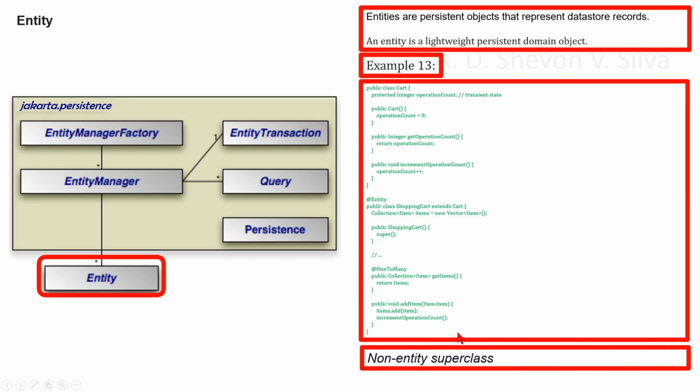As an example 13, we can consider this code segment, non-entity superclass. An entity can have a non-entity superclass, which may be either a concrete or abstract class. And here operation count is in transient state.